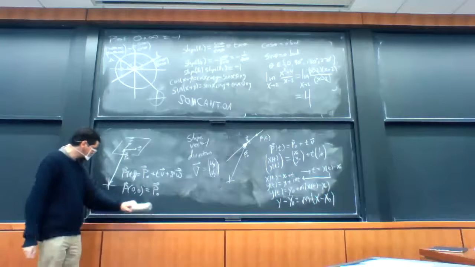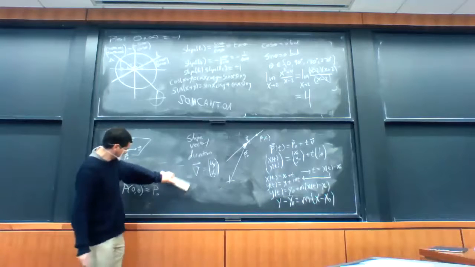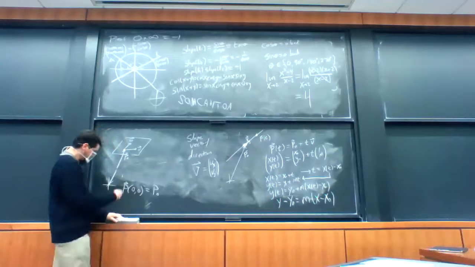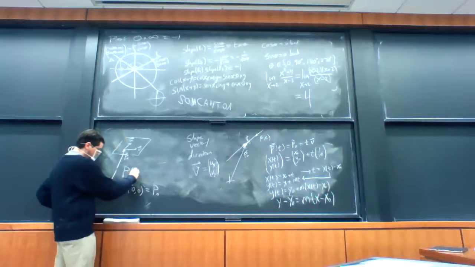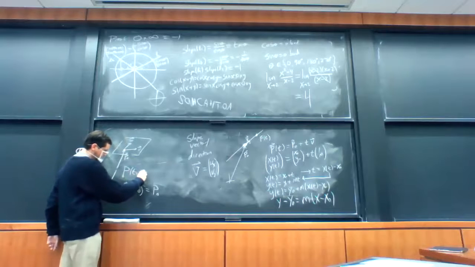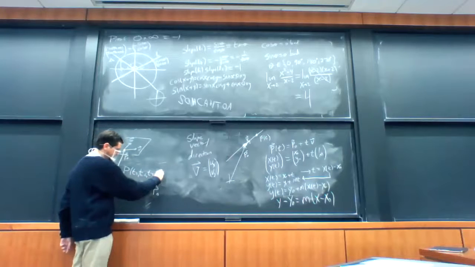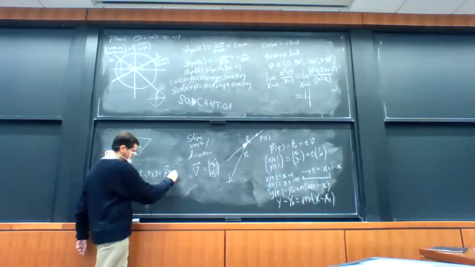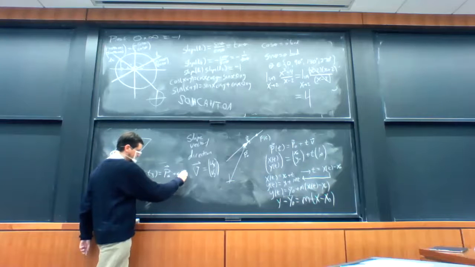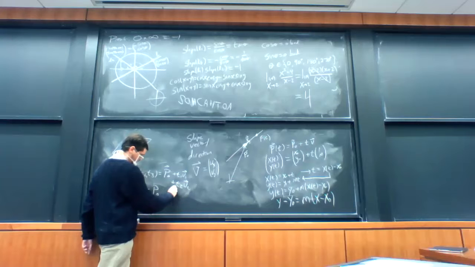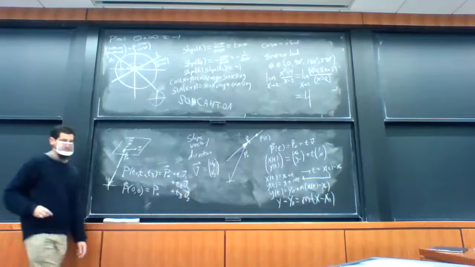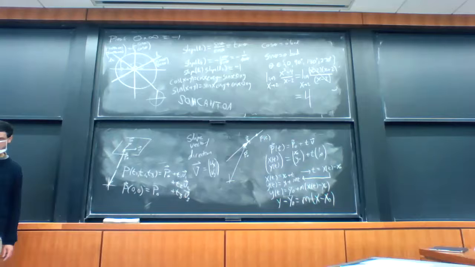This is telling us that this is horrible notation and should be destroyed. We should use t1, t2, t3, so P(t) would be P naught plus t1 V1 plus t2 V2 plus t3 V3.